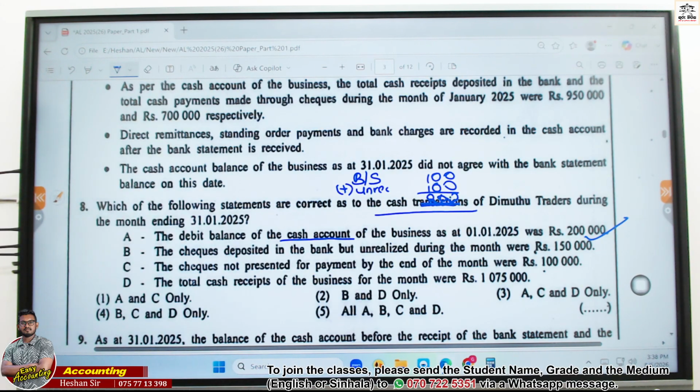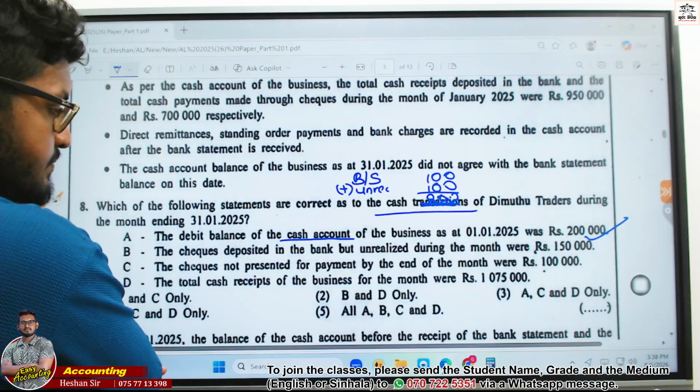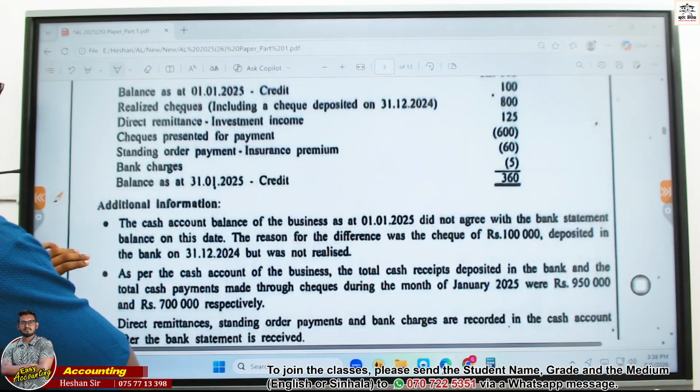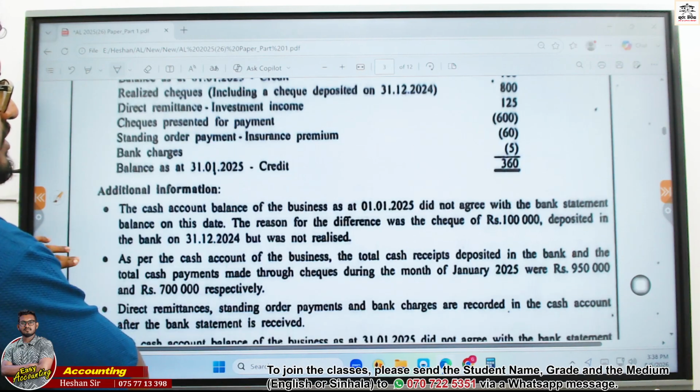Checks deposited in the bank but unrealized during the month was 150. Checks deposited in the bank but unrealized. Right? Let's see. Now you can see the total realized check is 800.